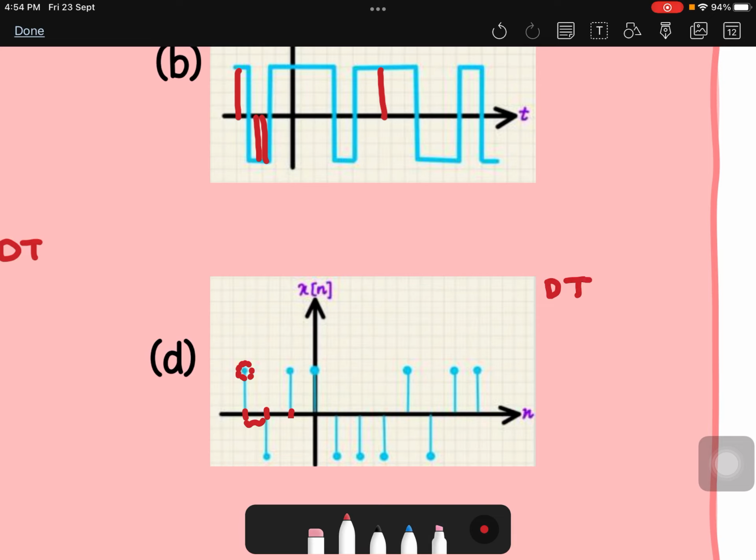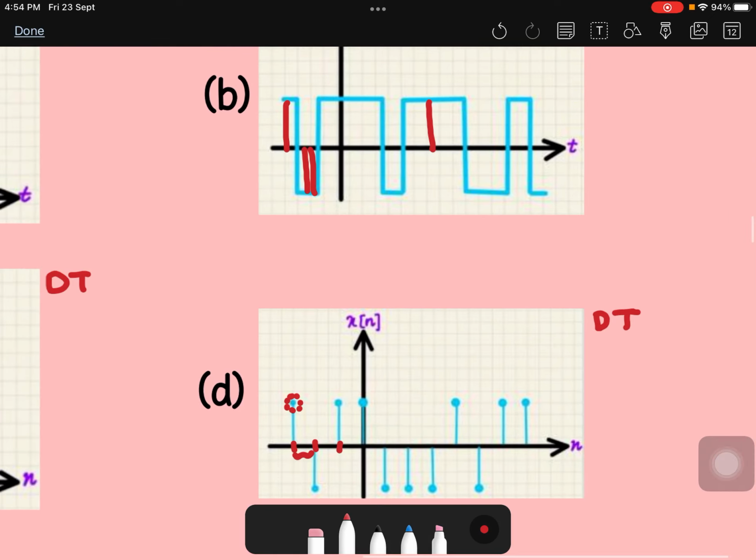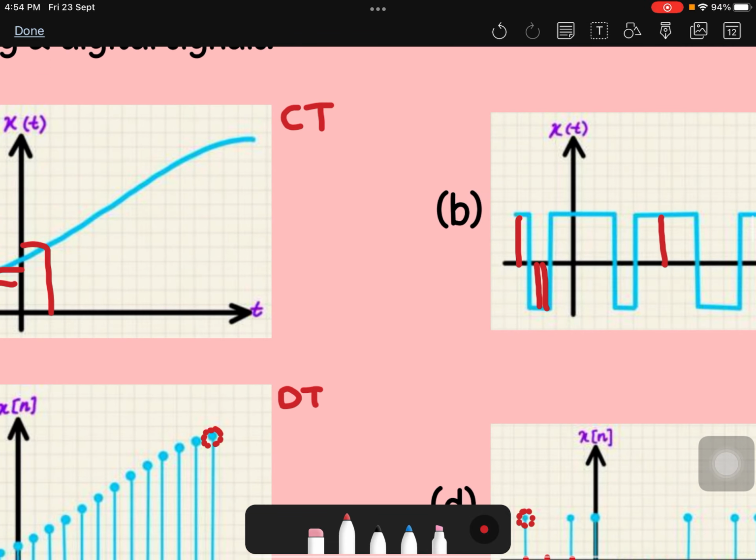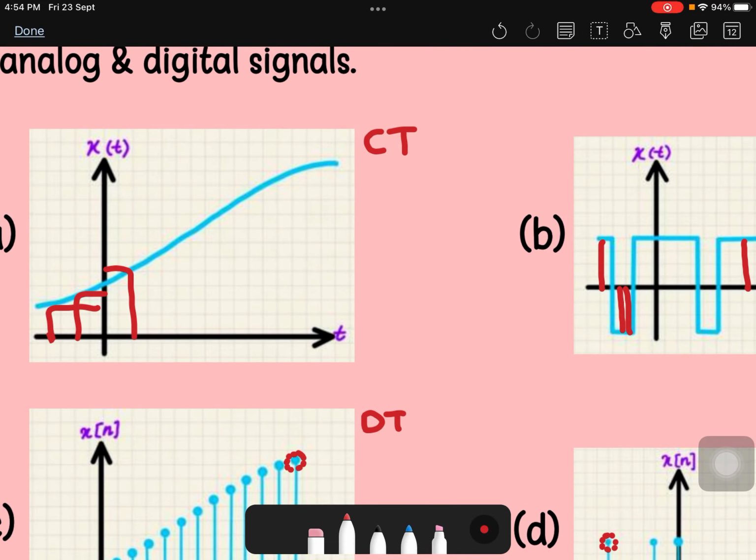Okay, and there's also a simple method to determine whether a signal is continuous time or discrete time, by looking at the description of the signal itself.